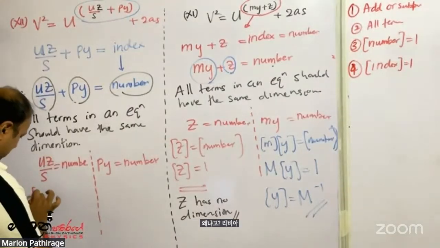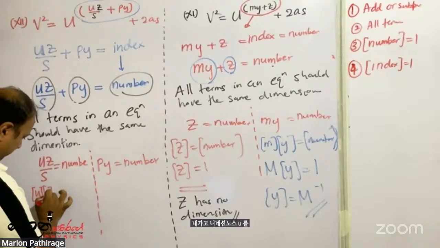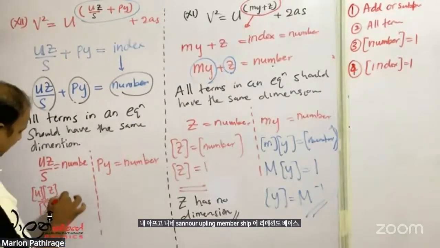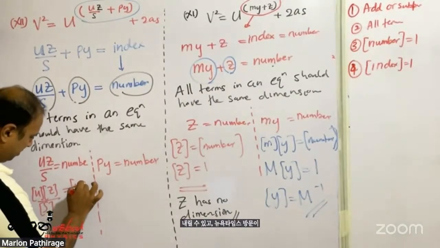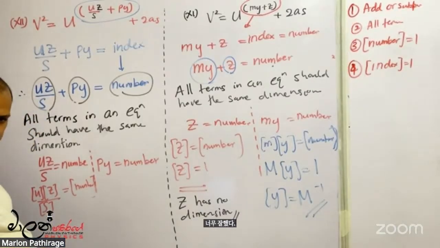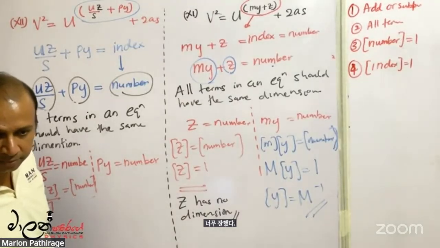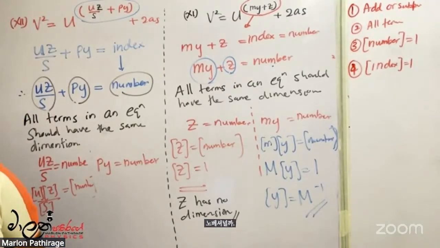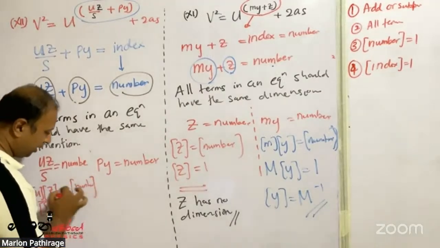Therefore, dimension of U into dimension of z over dimension of S is equal to dimension of number.